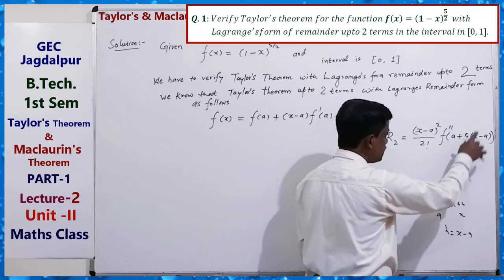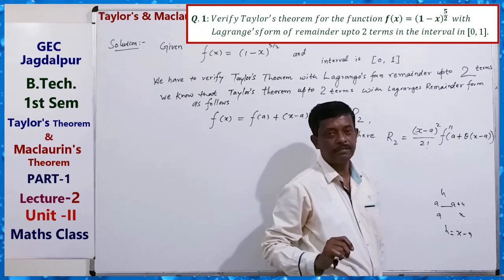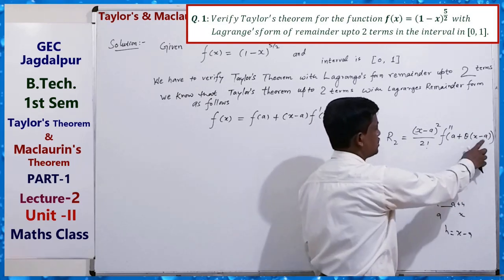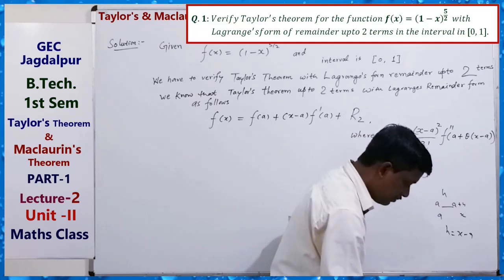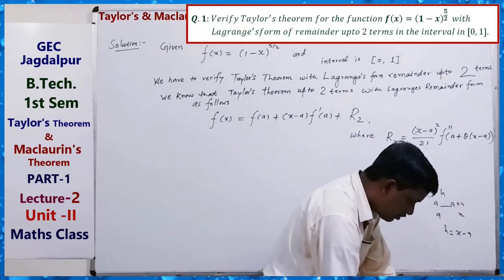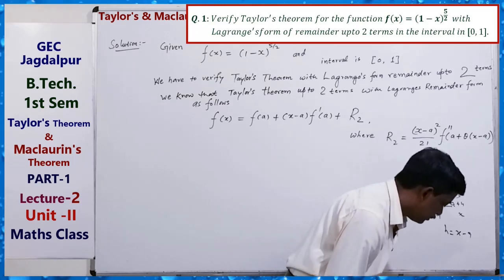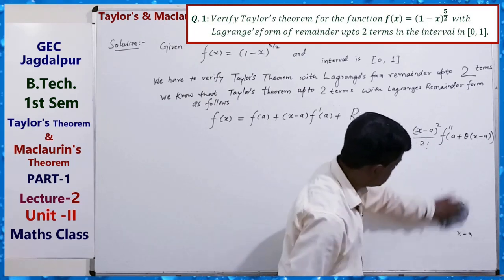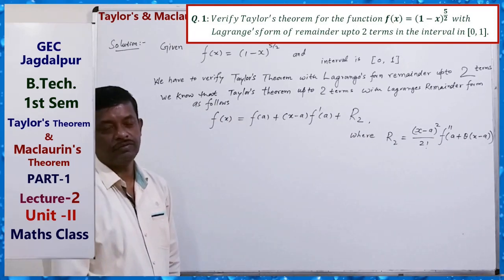So a plus theta h, h means x minus a. Clear? So this is the value of remainder.